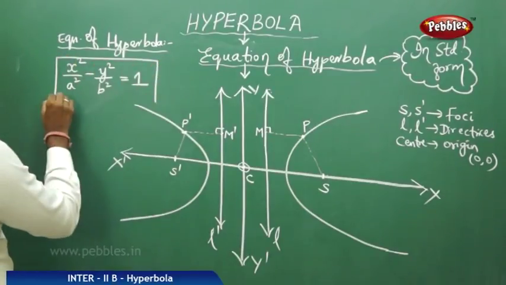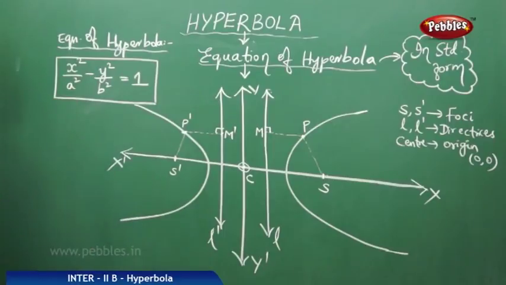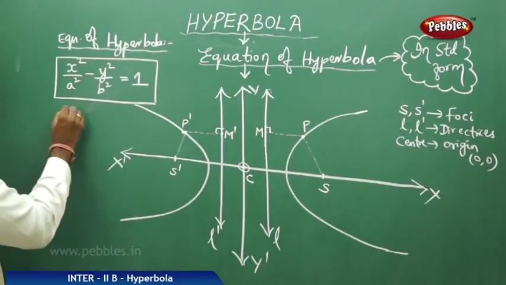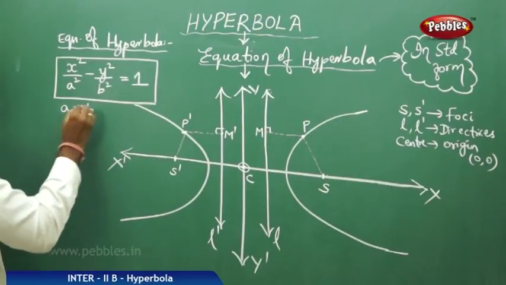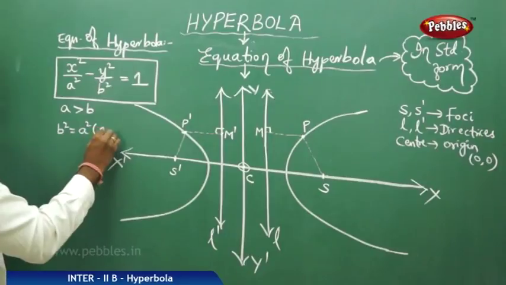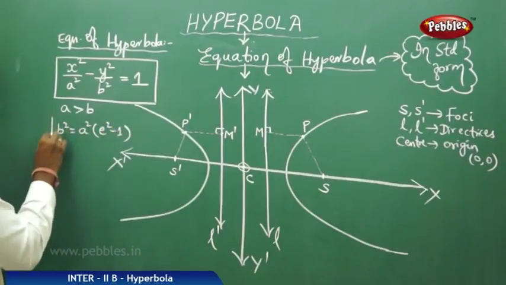This is how I identify the equation of the hyperbola in this form, where I assume a is greater than b and b square is a square into e square minus 1.